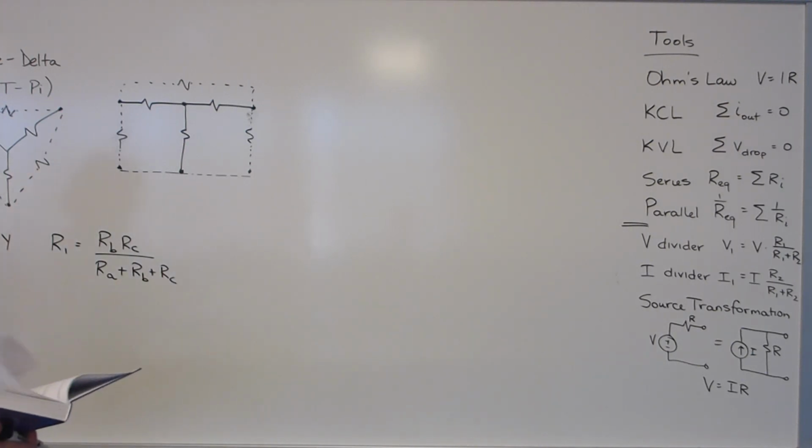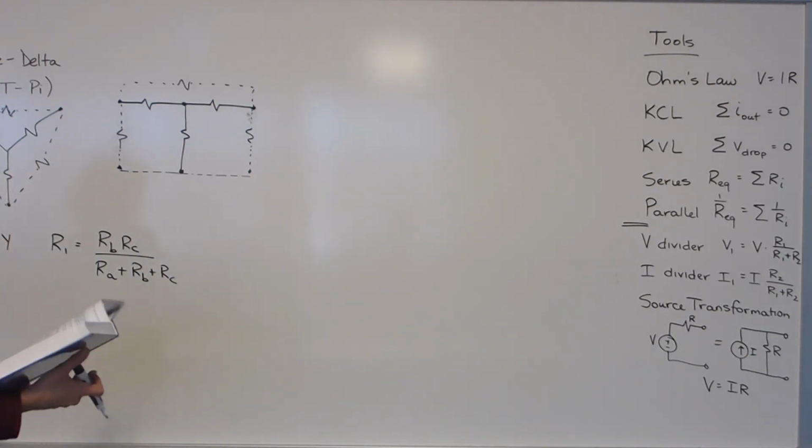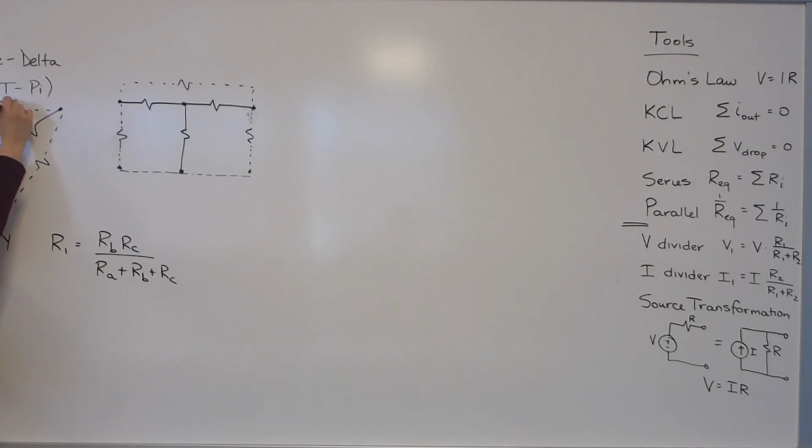I need to match the book letters in order. So if this is R sub C here, R sub B, R sub A, you start with a delta and you're moving to the Y. If you mix up the order of the numbers, those things don't work the same way.